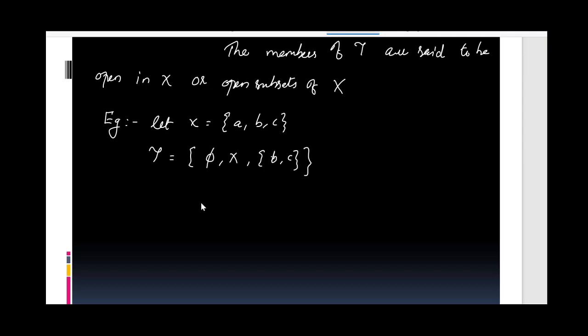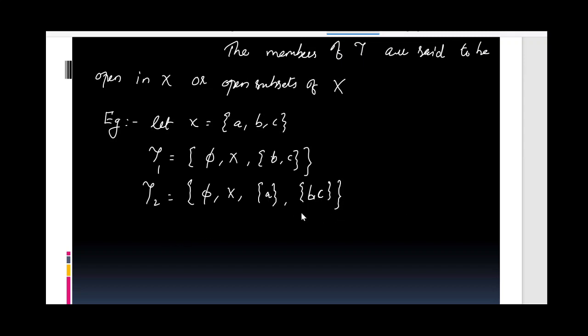You can have another topology also. If you take this as T1, T2 can be the empty set and the entire set. Now if you take the singleton set {A}, will it be a topology? Or you can have this one with {B, C} again. So these all will form topologies.